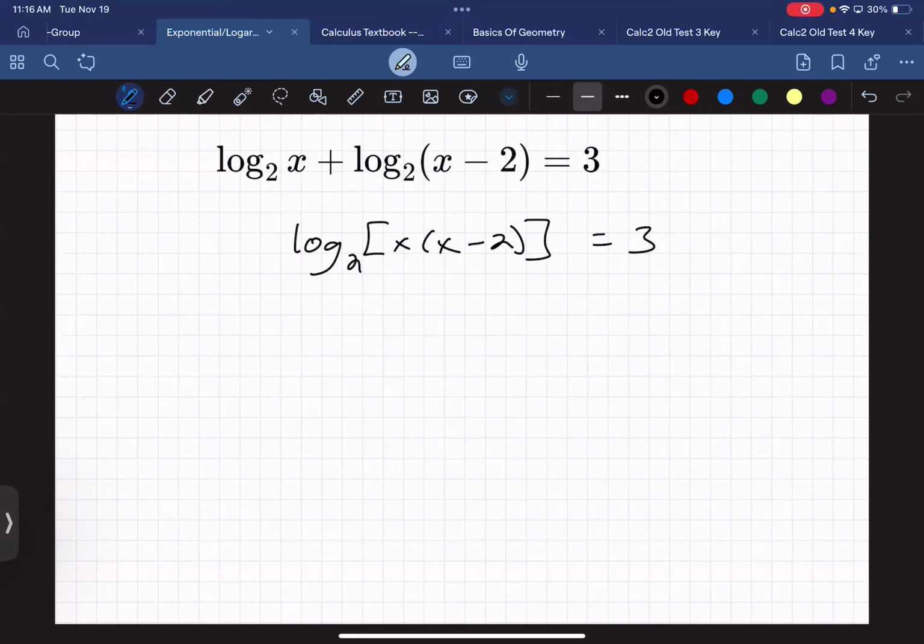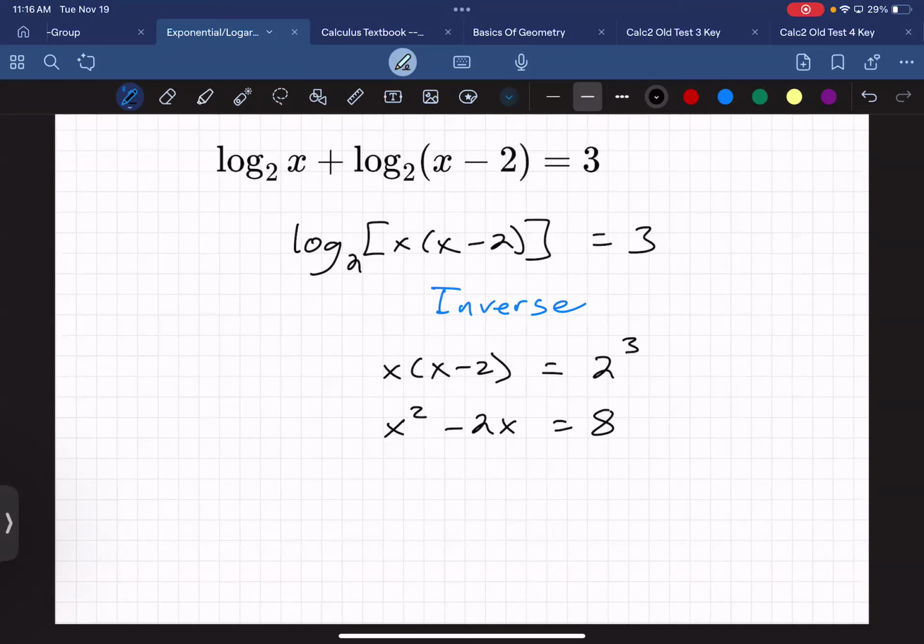So using an inverse statement, I can get this to look like x times x minus 2 equal to 2 to the third power. Going from a log base 2 to an exponential with a base 2. Well, what type of equation is it at that point? No longer a logarithm, right?